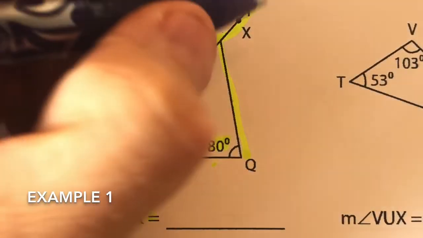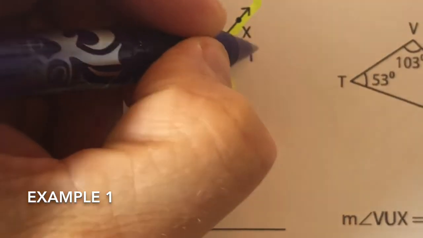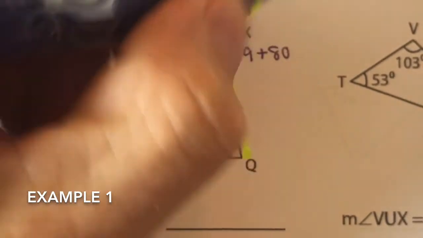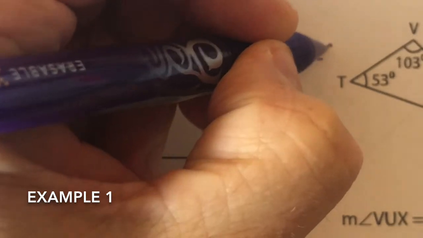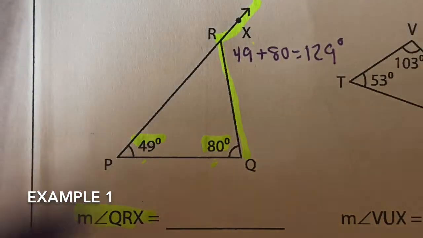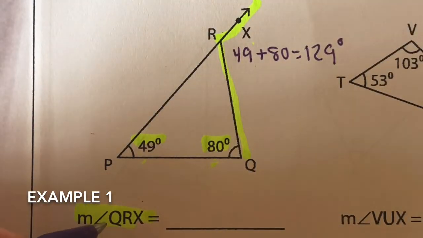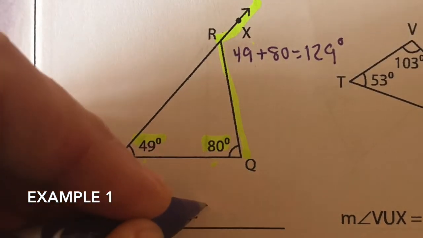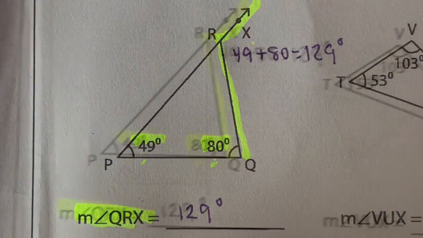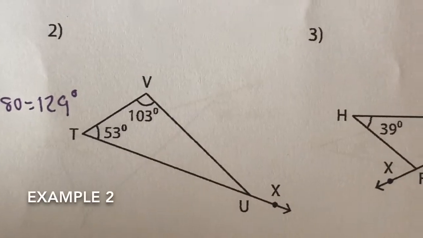So we have 49 plus 80 equals 129 degrees. So we know that the measure of angle QRX equals 129 degrees. So let's go ahead and do number 2.